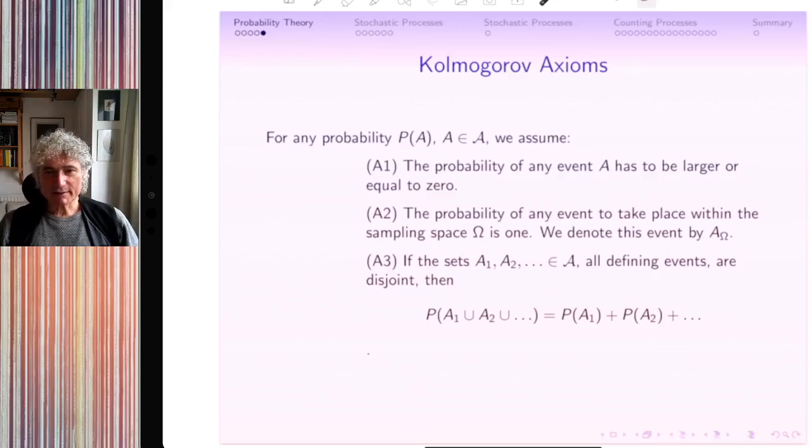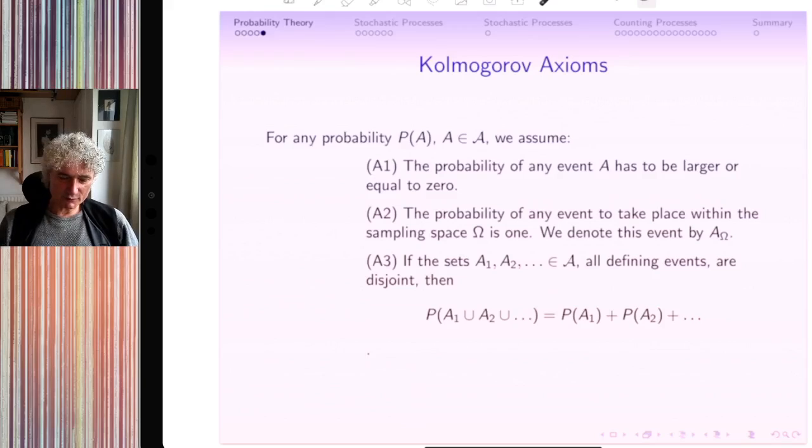A1: the probability of any event A has to be larger or equal to 0. If we go to 0, the interpretation is that the probability has vanished, so there is no chance something can happen if it has probability 0. On the other hand, if it's larger than 0, then the event you are measuring is becoming more and more likely.